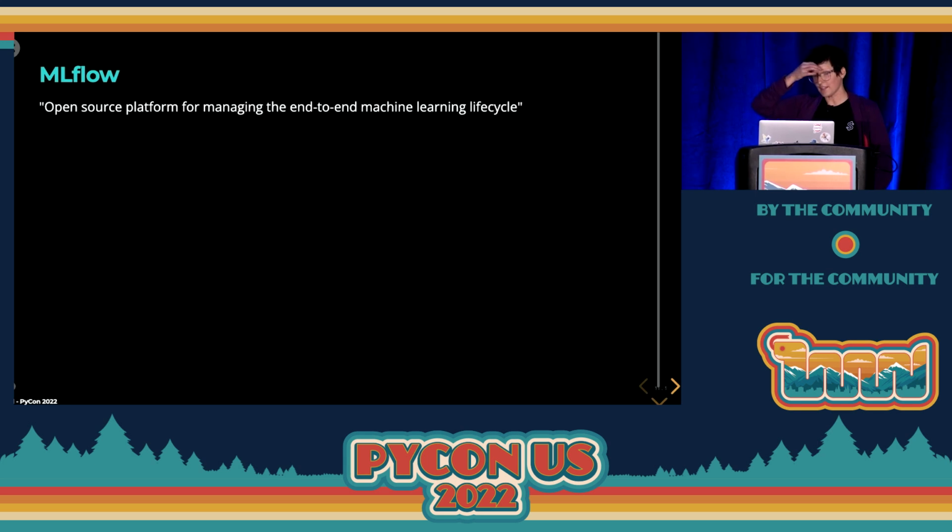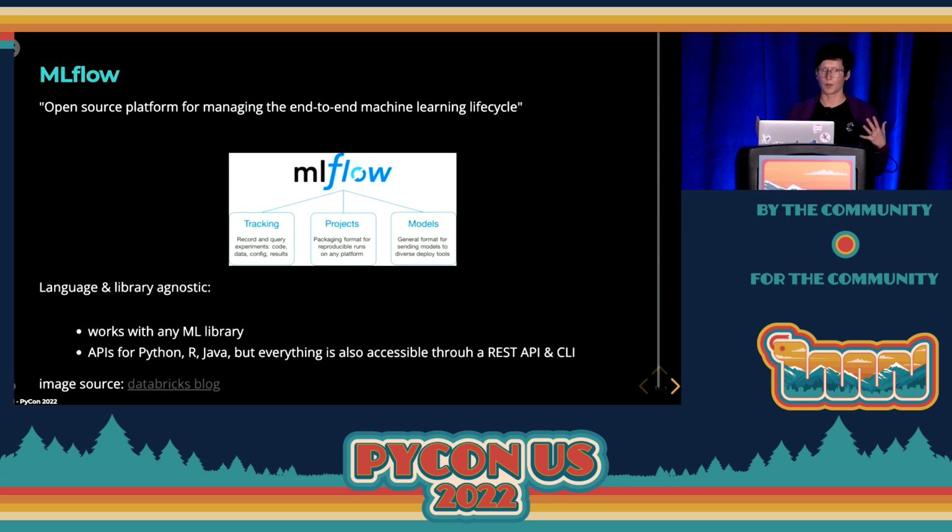And so this led us to MLflow, which is an open source platform for managing the end-to-end machine learning lifecycle, is what it says in their docs. MLflow has a few separate components under it. There is the tracking, which is useful for keeping records of your machine learning experiments.